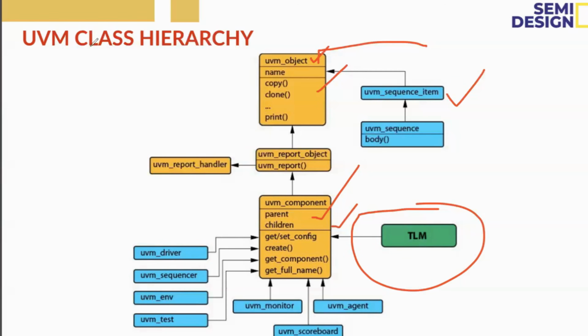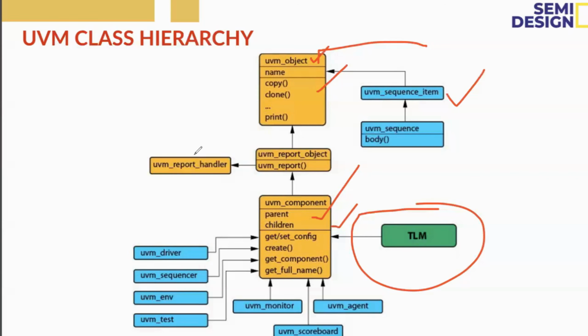Ma'am, everything which is used to generate the stimulus will be extended from the UVM object, and for the component, that are the part of the hierarchy of the testbench, we will extend from the UVM component.